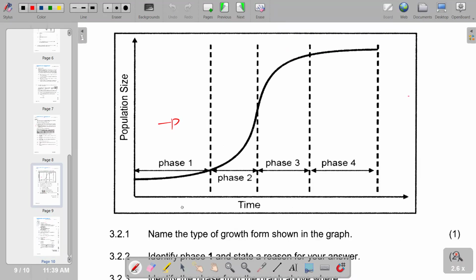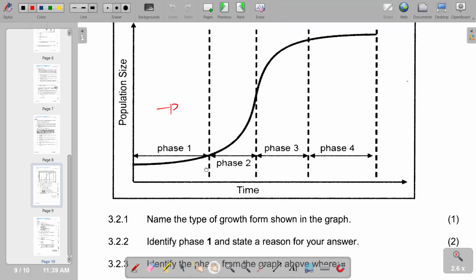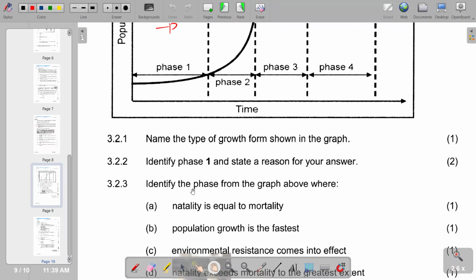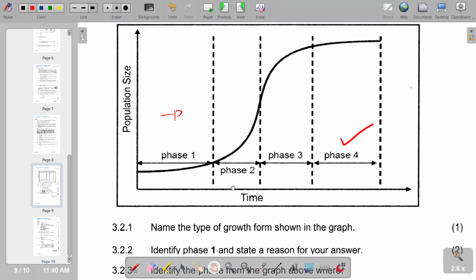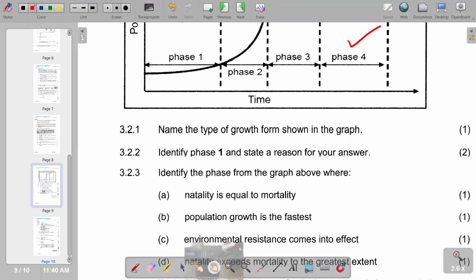And we go to 3.2.3, identify the phase of the graph above where natality is equal to mortality. So it is phase 4. Then if you check, you can indicate our phase 4.